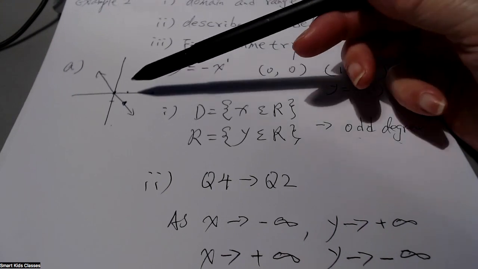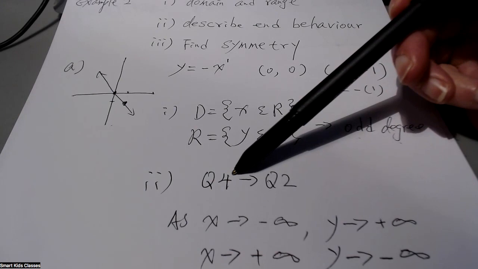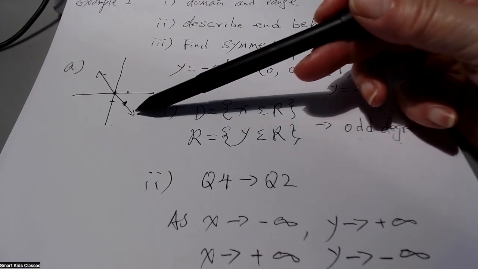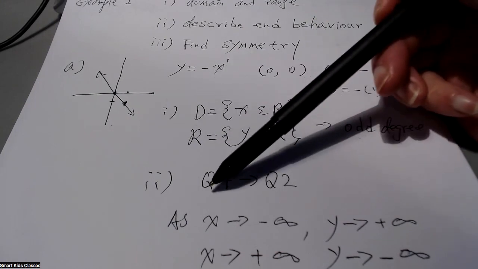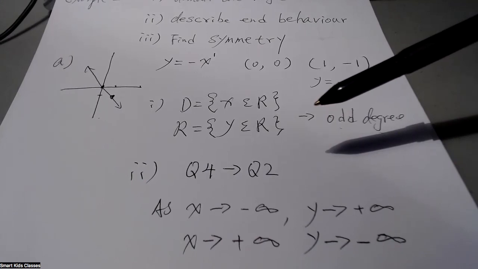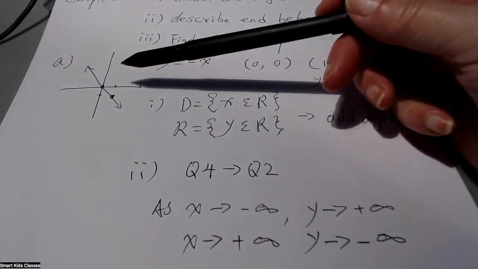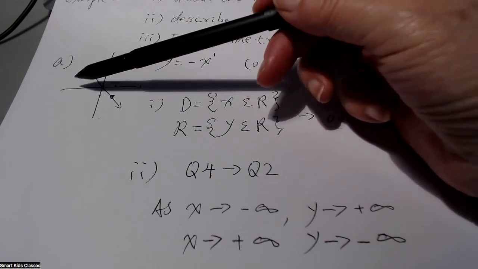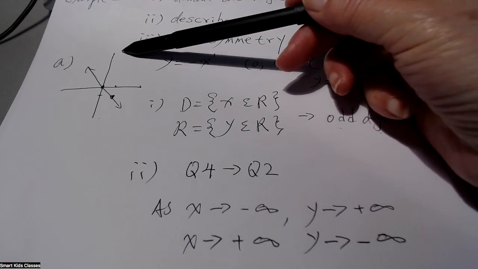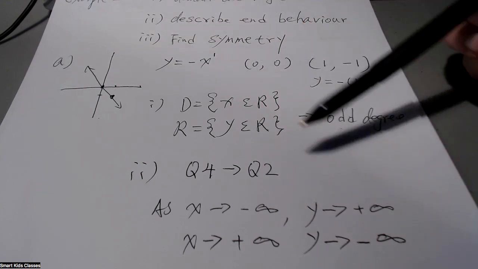It involves two quadrants, 4 and 2. Then we're going to write Q4 to Q2. Always write the end behavior starting from the end first and then go to the beginning. As I already explained to you, as x approaches negative infinity, y approaches positive infinity.